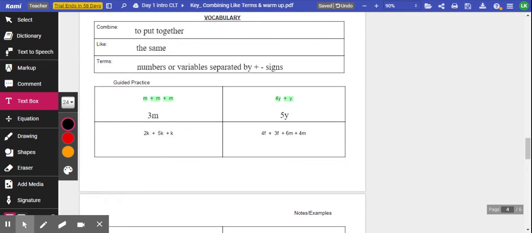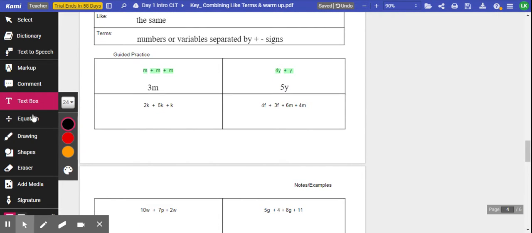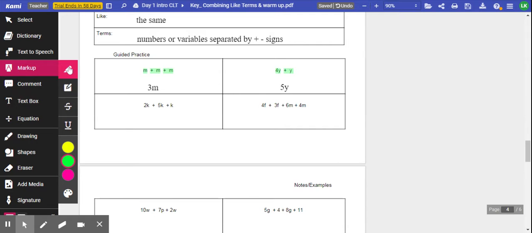All right, I'm going to move down a little bit. I'm going to use my markup tool, my text highlighter. I'm using green right now. All right, so again, I have 2K plus 5K plus K. So I'm going to first identify my terms that are like. These are all Ks, so these are all like.